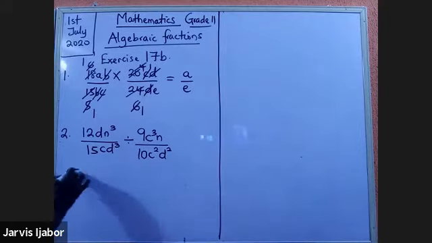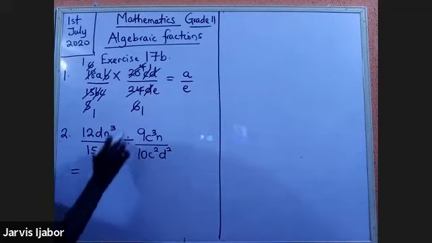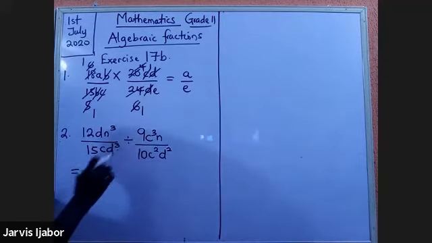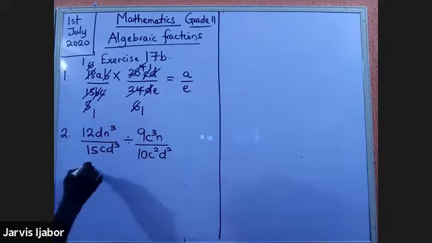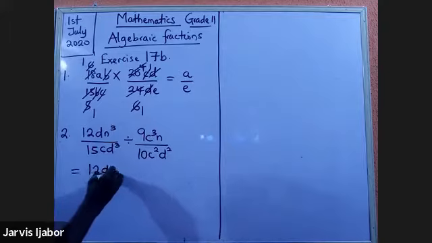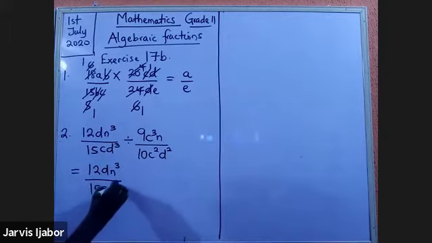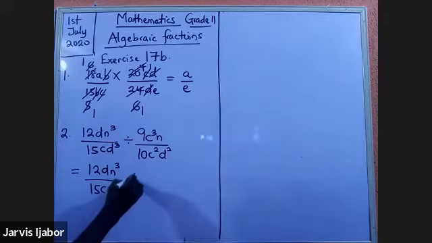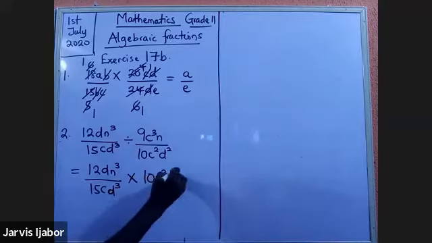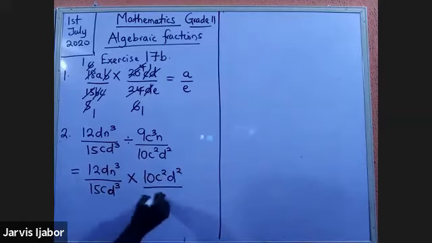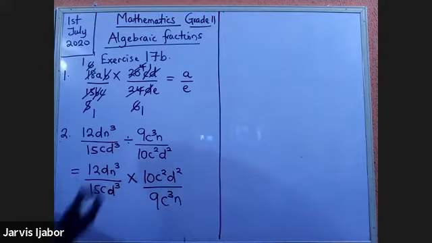So the first thing you do before you start solving is to take care of this division sign. And the division sign will become 12dn cubed over 15cd cubed times, and this will turn, 10c squared d squared all over 9c cubed n. So that's what you're going to have.